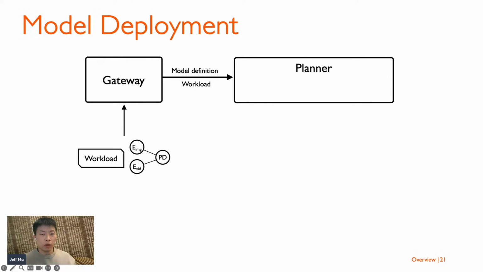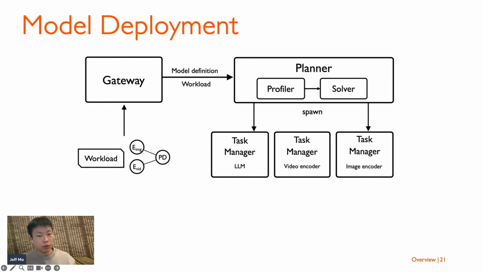The planner will invoke the internal profiler to understand the characteristics of each component and the workload, and then use the solver to plan the resource allocation and the deployment strategy for the model at component level. Once planning is complete, task managers for each model are launched with planned resources, and task managers will spawn the task executors correspondingly.